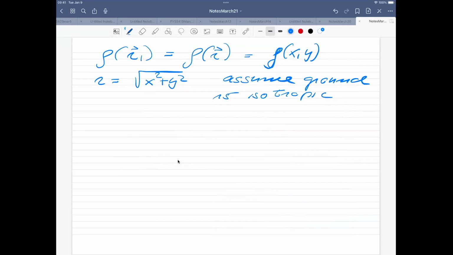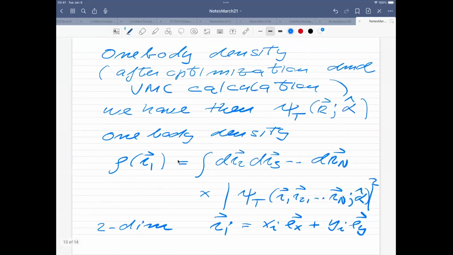Now, if we assume that the ground state is isotropic, we're actually going to let this quantity xy here go over to a function of rho of r. But for 2 dimensions, we would then need to take into account x and y, so you would make an array of x and y values. Because the Monte Carlo wave function you obtain and plug in is going to be a function which depends on the Cartesian coordinates, x, y, and z.